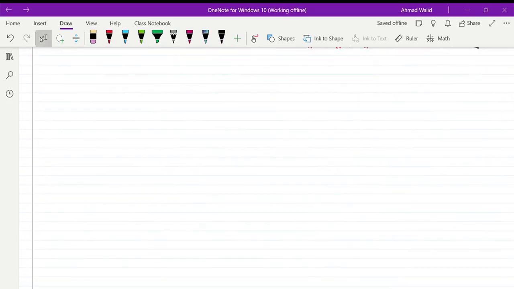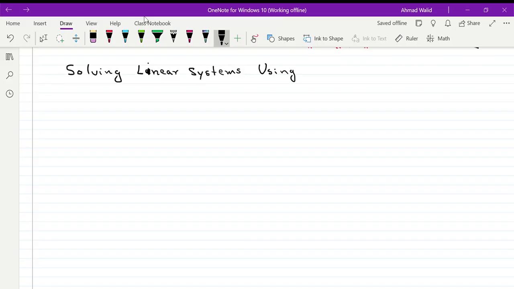Your new topic, still 6.1, is solving linear systems using Gaussian elimination. Gauss is the name of a mathematician.